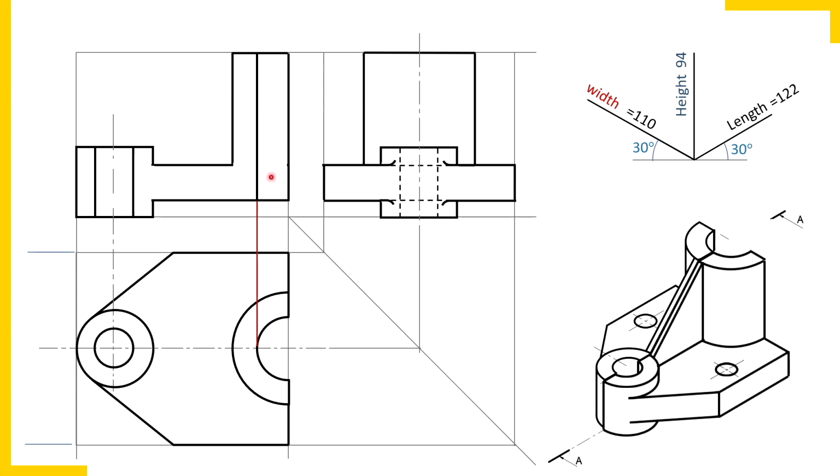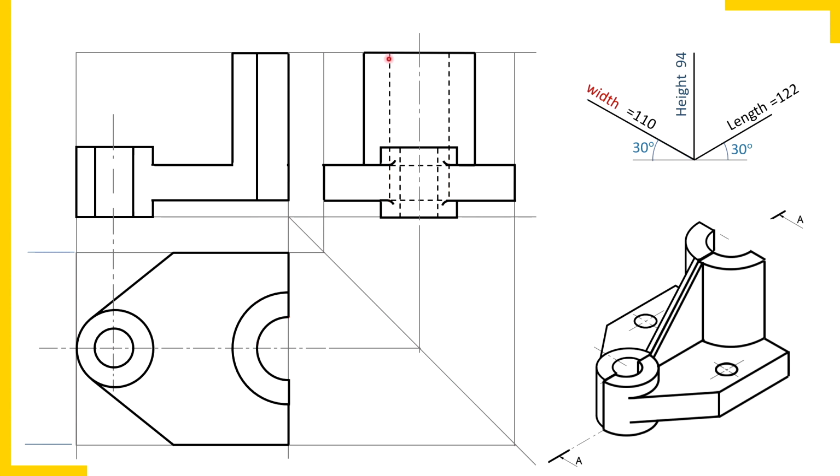Now let's draw this semicircular slot in the side view. Now from the left side, this slot is of course hidden because the slot is on the extreme right side. So draw end projectors from the front, that is the entire height of the slot. And from the top, draw end projectors of the slot. And this is how that slot is.